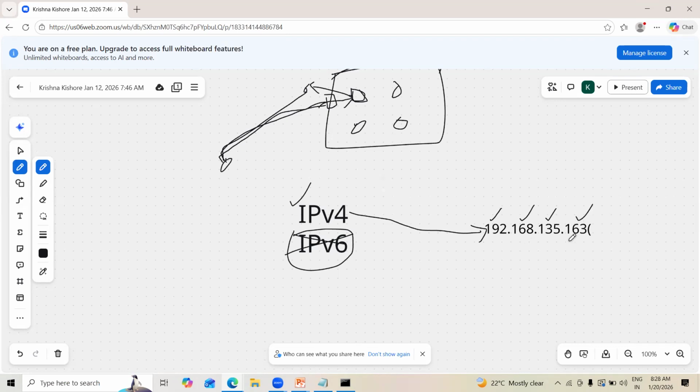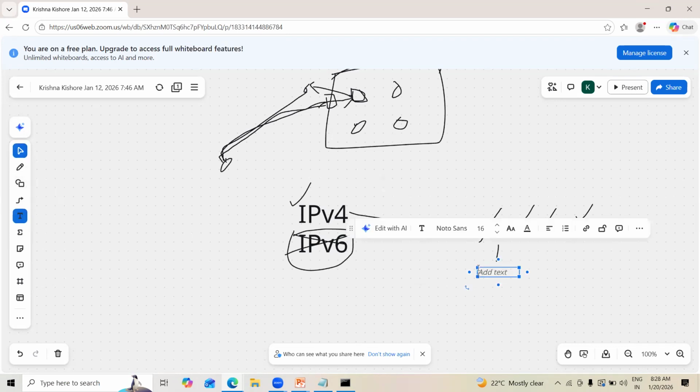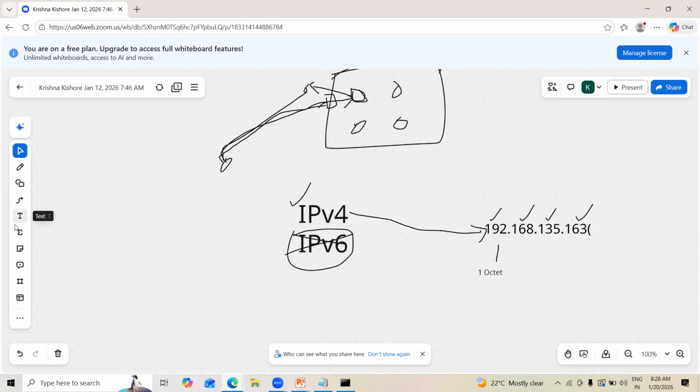So how are these IPs assigned? What is this altogether? We have four parts here, right? In IPv4, each part we can call one octet.